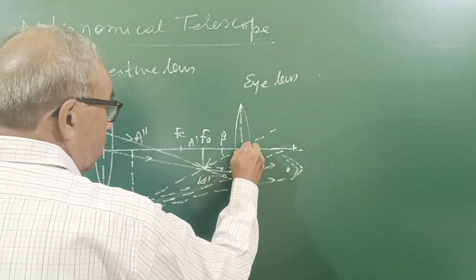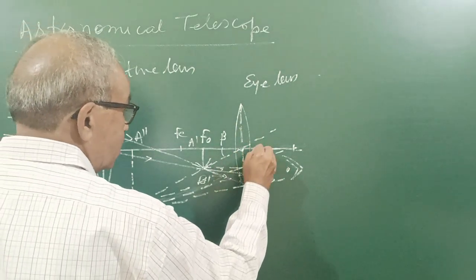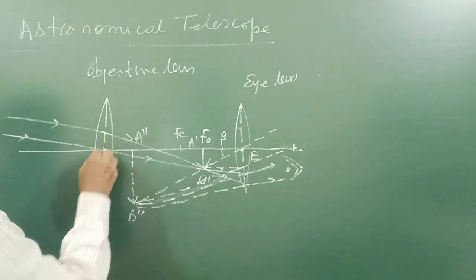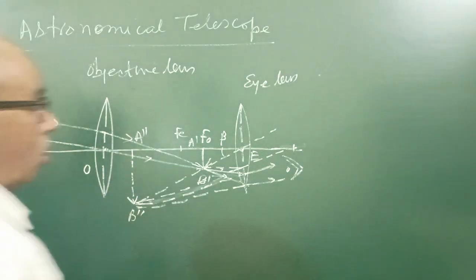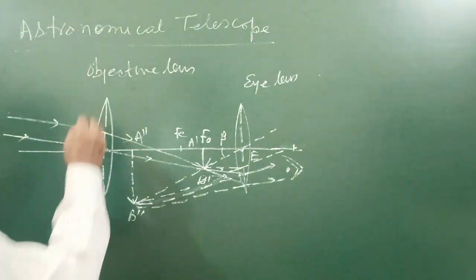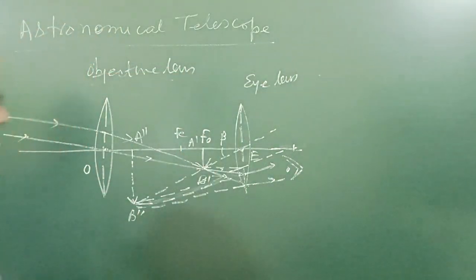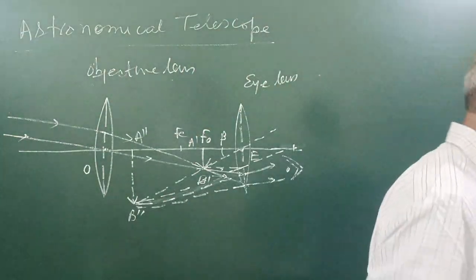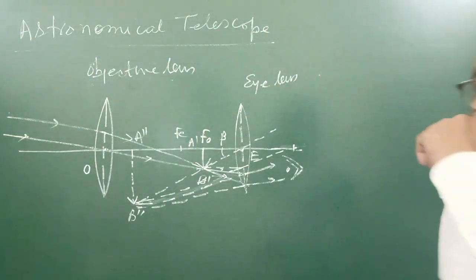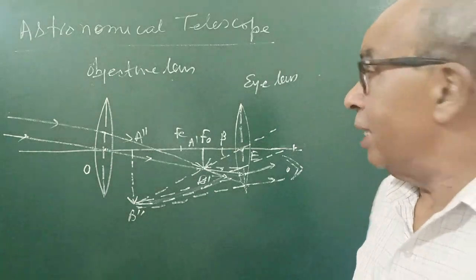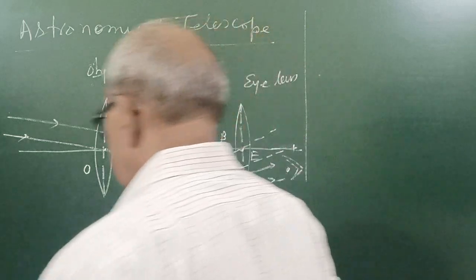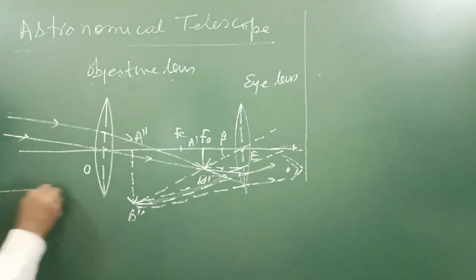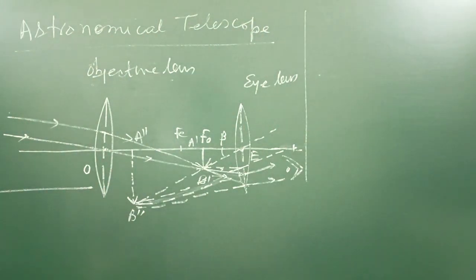I write this optical center as E, and this is O. Objective lens, eye lens. We see the object in the sky using a telescope. So magnifying power, I told you, magnifying power.